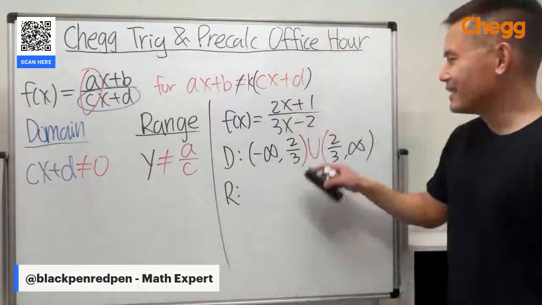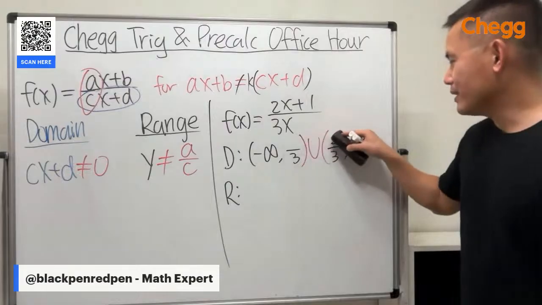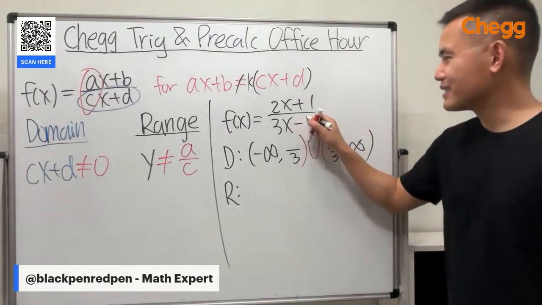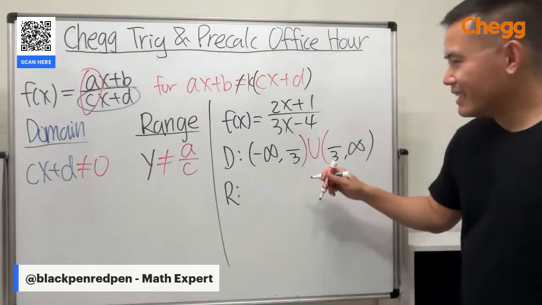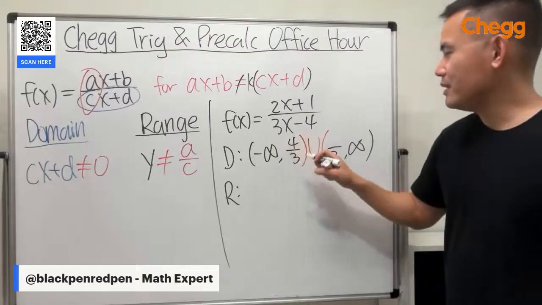I didn't expect that. All right, let's change it. Let's put 4. Oh, come on, didn't think about that. Sorry. 3x minus 4. Right. If you set the bottom not equal to 0, we don't want x to be 4 over 3.